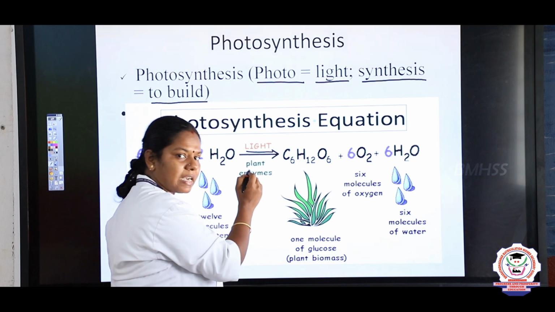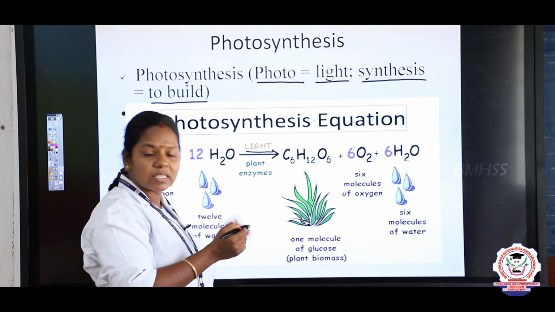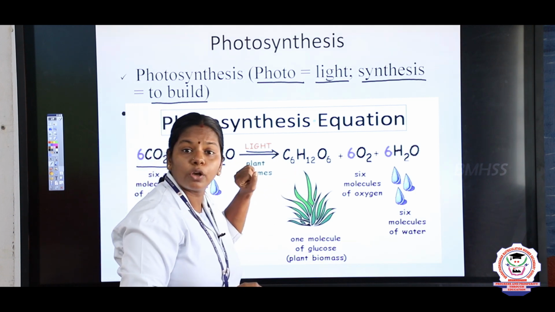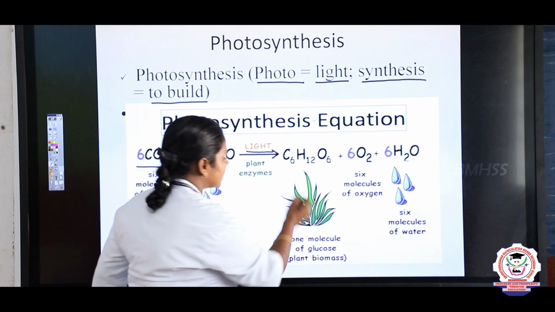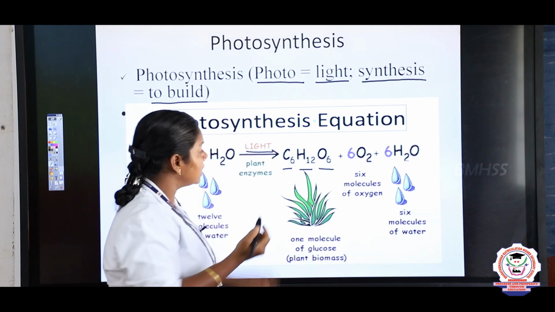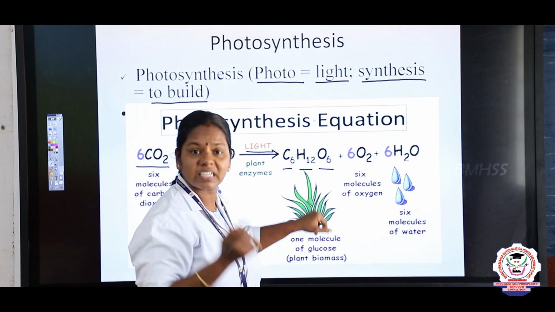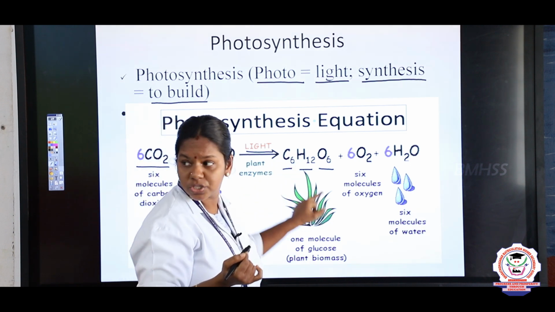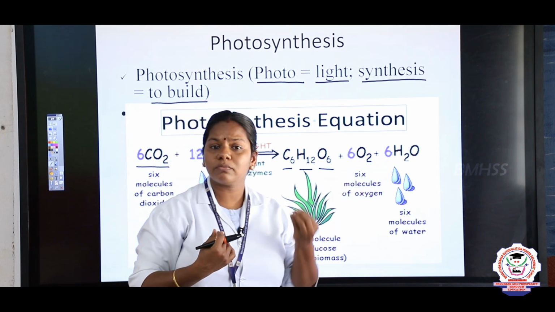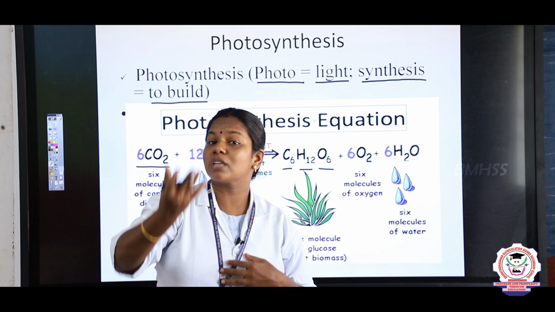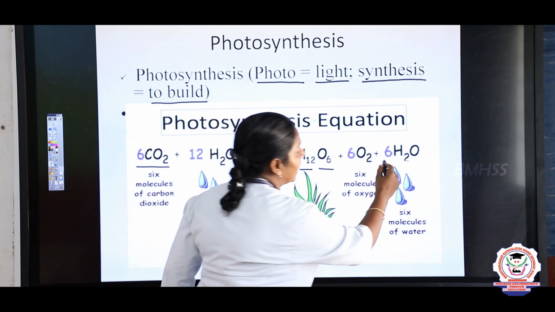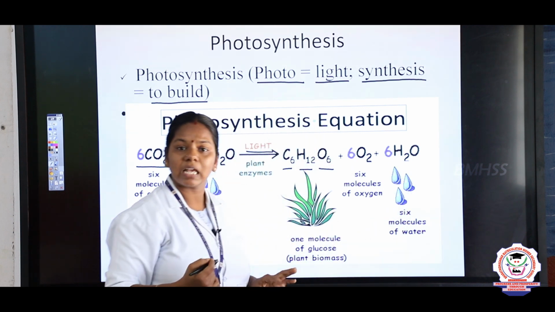Light means sunlight, and with the help of plant enzymes and chlorophyll, plants prepare glucose, right? What is the formula for glucose? C6H12O6, right? It's an important question, children. C6H12O6, that is, glucose consists of carbon, hydrogen and oxygen, and what do we get from the plants? Yes, plants give out oxygen. 6 molecules of oxygen are given out and 6 molecules of water are liberated.